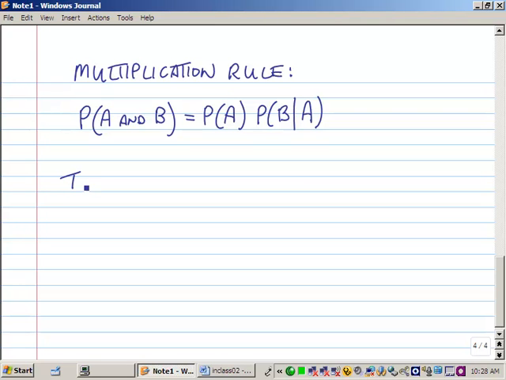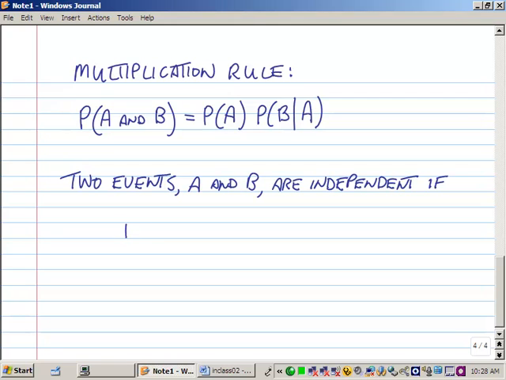So we can say that two events, say A and B, are independent, or not related, if the probability of A and B is equal to the probability of A times the probability of B. In other words, no conditional probability.